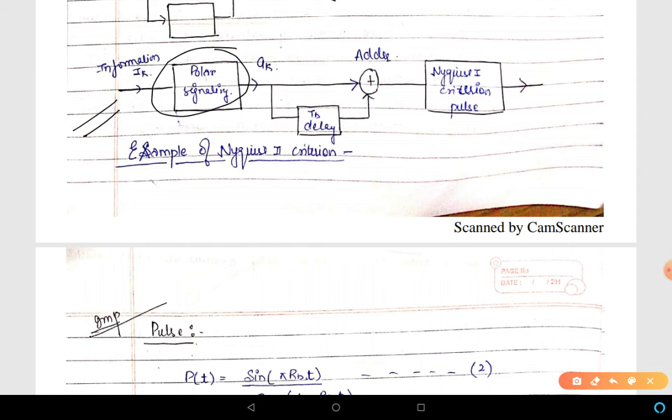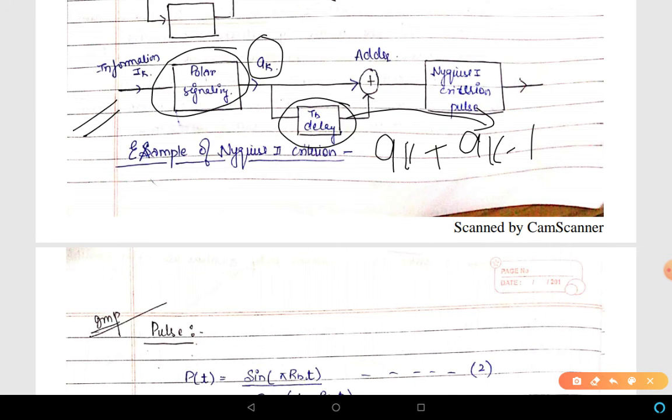Then after a delay of TB, this output AK and its previous sample value AK minus 1, which is obtained from this 1 bit delay, are added together.